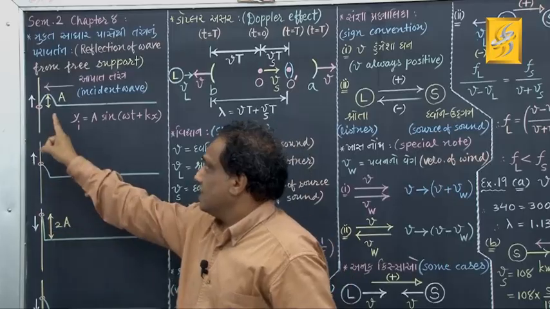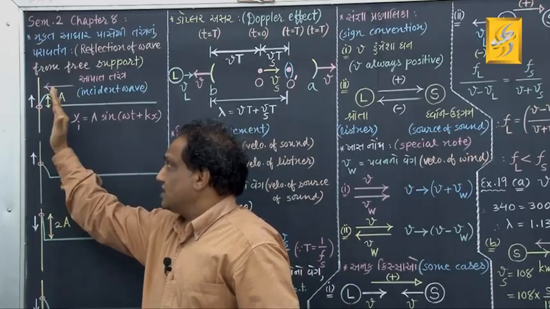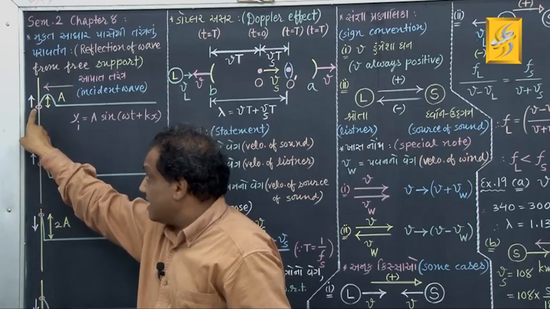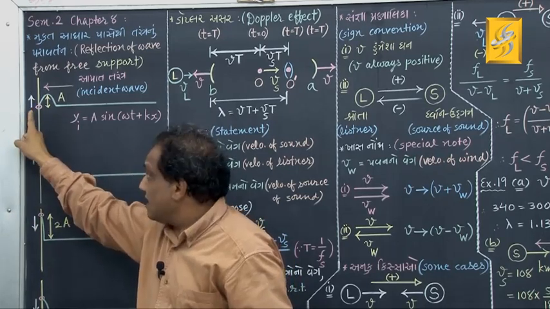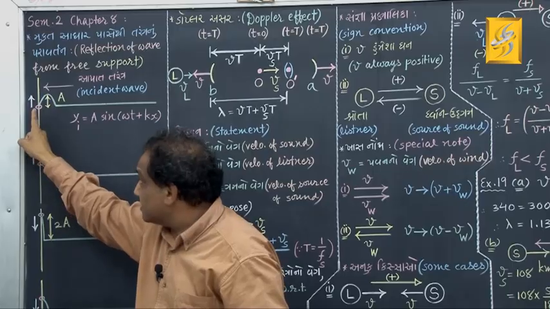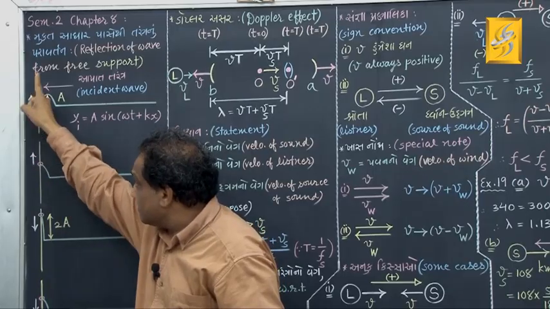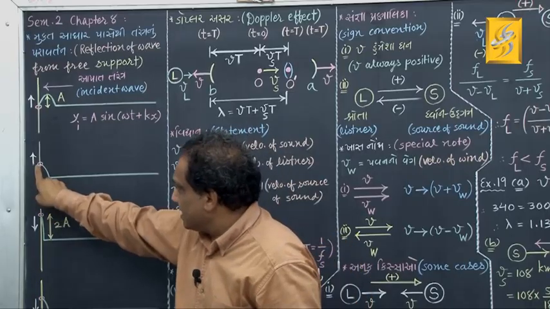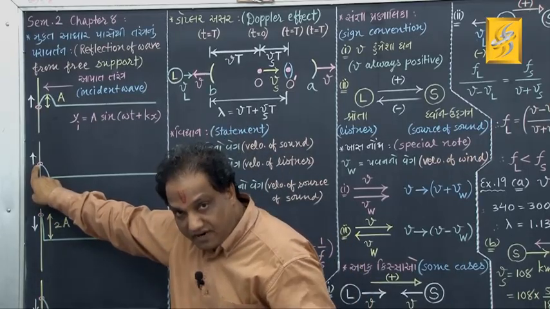I am showing you. Because of the force given by the tension produced in the string on this ring, it so happens it now starts sliding upwards. It slides upwards this way. At the time capital T by 4, this ring is found to be here, correct, fine.